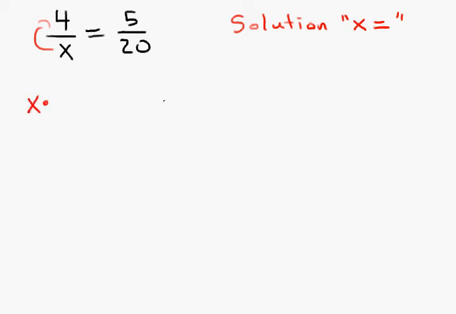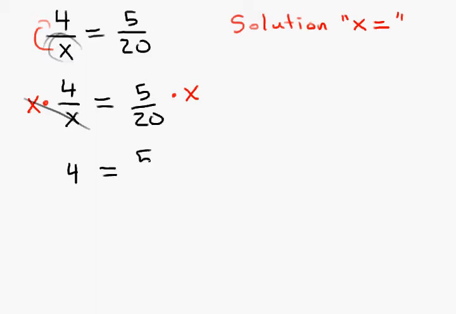Let's multiply by x. x represents a number, so we can go ahead and, most of the time, treat it like a number. These x's will cancel out, provided x is not 0, but since we're solving for something in the denominator, that's assumed. And our left-hand side will be 4. The right-hand side, 5 divided by 20 is equal to x.